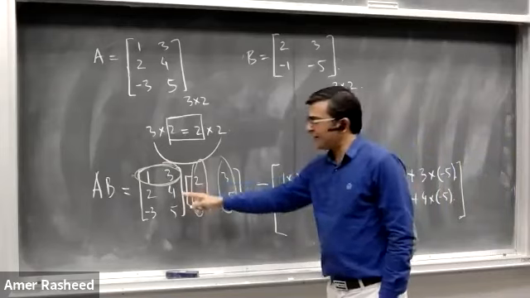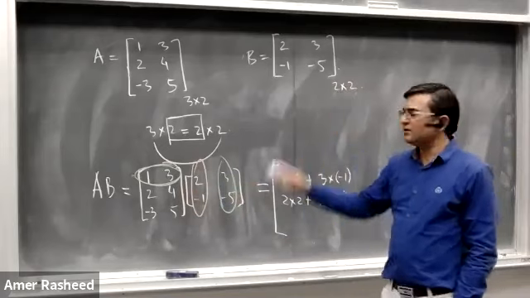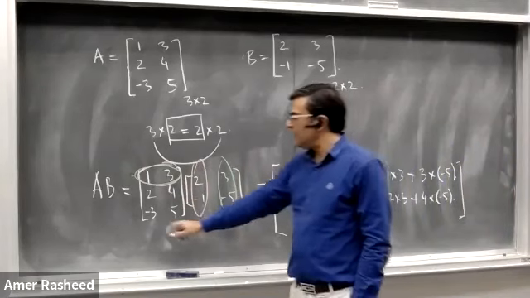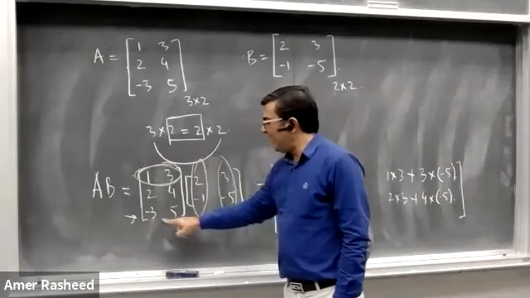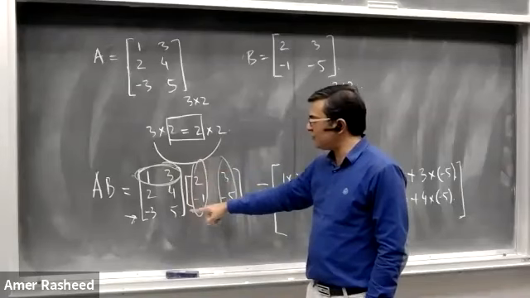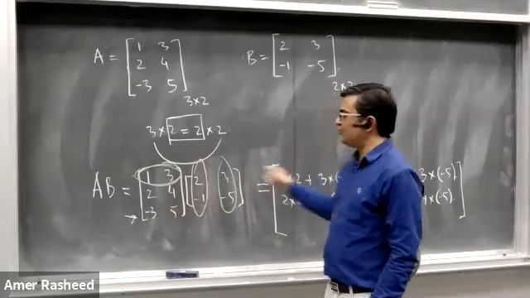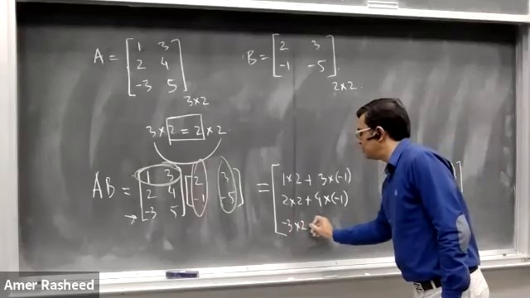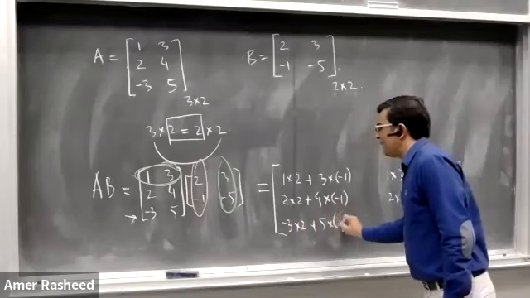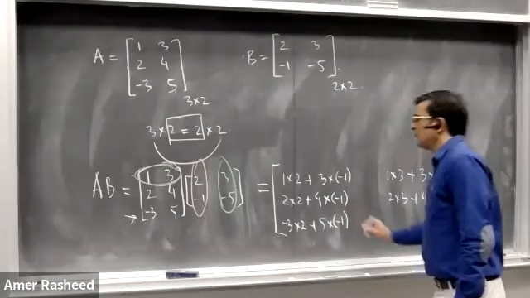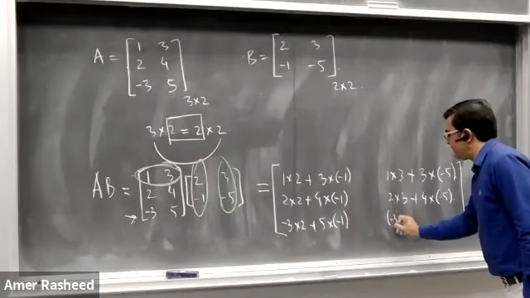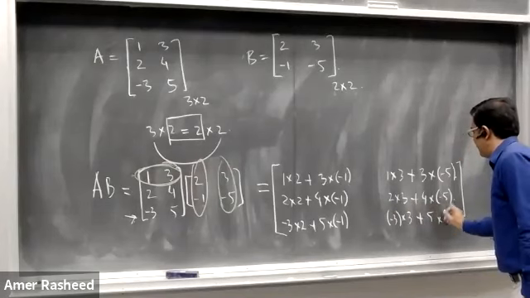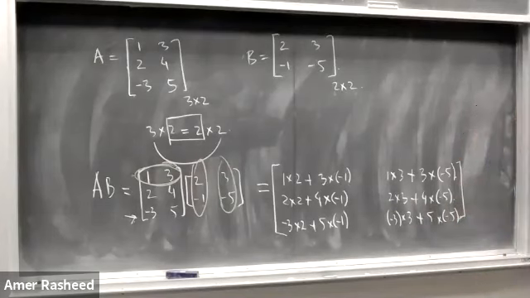Now the second row has been finished because there are no more columns. Now you choose the third row, multiplied with the first column, third row with the second column. So you write -3 multiplied by 2 plus 5 multiplied by -1, and then -3 multiplied by 3 plus 5 multiplied by 5.